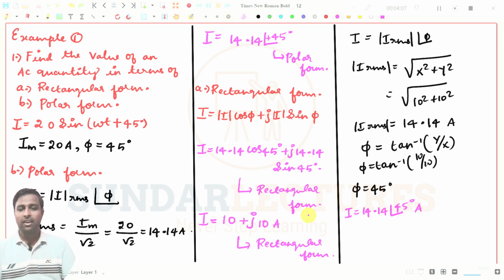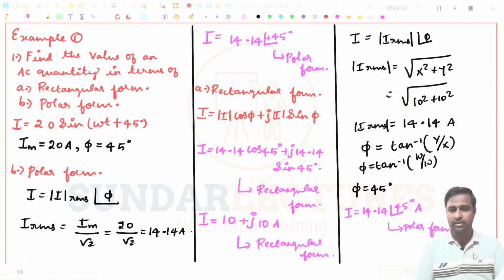You see, from rectangular form we have converted this value into polar form. This is nothing but polar form. You can convert both ways. From here you can get the rectangular form by this formula, and from here you can get this one by using these formulas. So you try to understand these kinds of things.